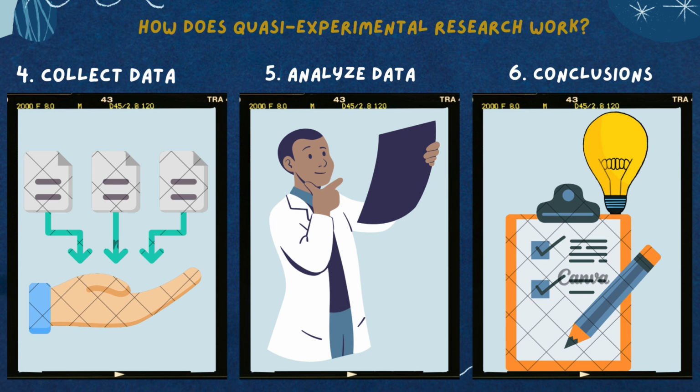For example, we compare the results of the vocabulary test before and after the intervention for both groups. We use statistical analysis such as independent samples t-tests to determine whether the improvements in the experimental group are significantly greater than in the control group.